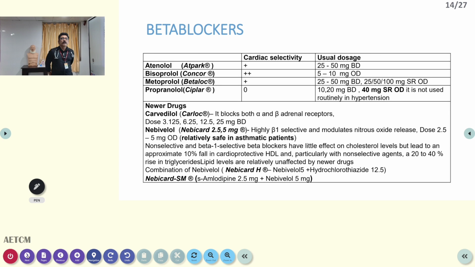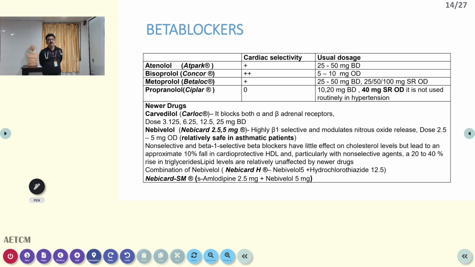You can see that beta blockers are very good antihypertensives that can also control the heart rate. Some beta blockers are used in prophylaxis of various conditions like migraine. That can also be seen in this chart. The problem with beta blockers is that they are now removed from first line therapy because of a few side effects, or they are not desirable for young patients.